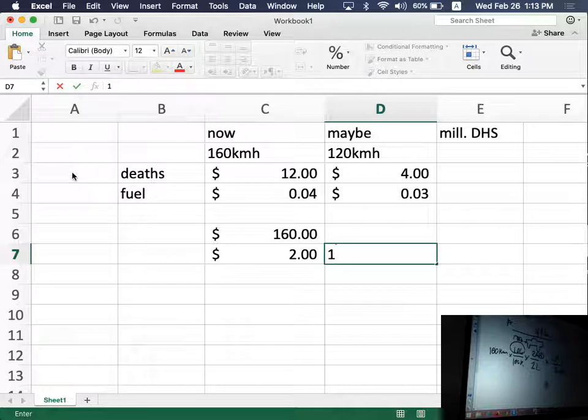So liter per 100 kilometers per car. Okay? And now let's cancel the factor. So kilometers cancel with kilometers, liter with liter.